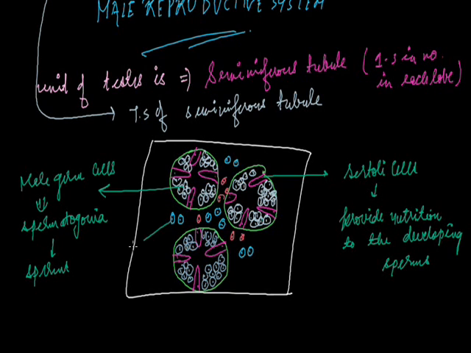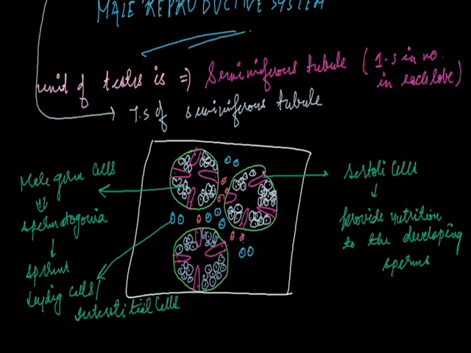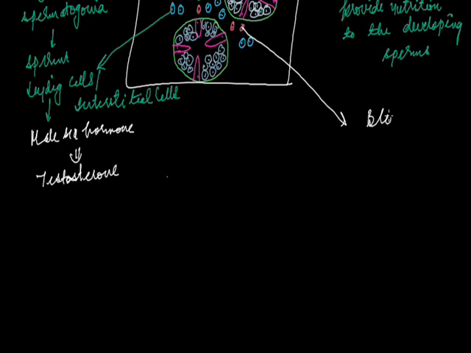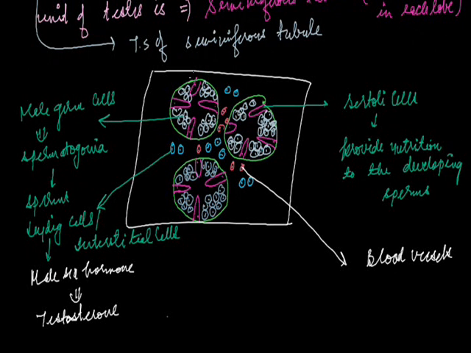In between these are the Leydig cells, also known as interstitial cells, and these cells secrete the male sex hormone testosterone, and these are the blood vessels. So this is the diagram of the TS of the seminiferous tubule.